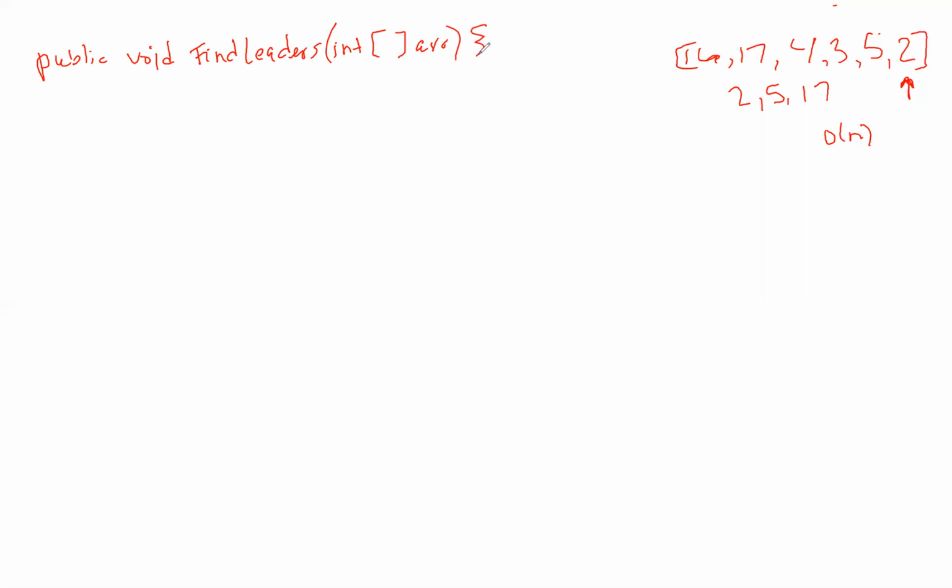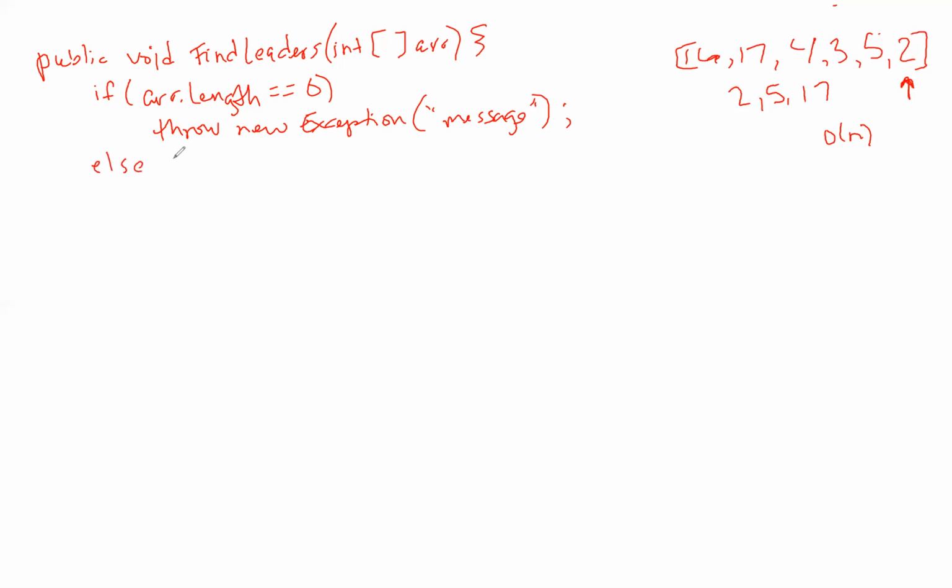First we'll do an initial test just to make sure that the array is not null, or array.length is equal to 0. Then we'll throw an exception with some sort of message like array cannot be null.